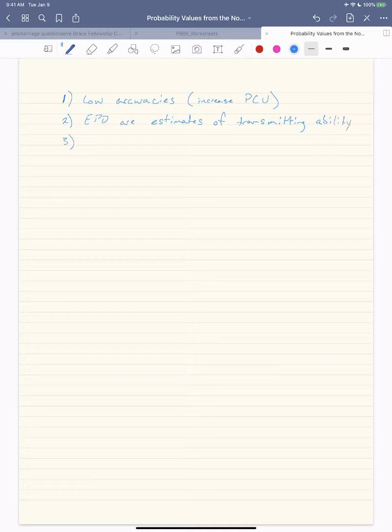And number three is that they're young bulls that don't have a lot of offspring. So these are the three main reasons as to why we wouldn't be surprised if bulls differed highly from their expected progeny difference, or their EPD, with low accuracies, because of this increase in possible change value along with estimates and not a lot of offspring.